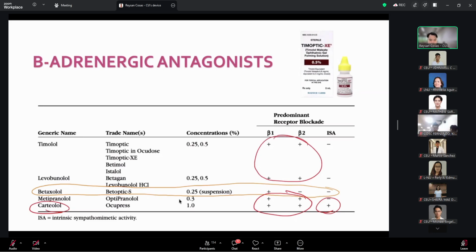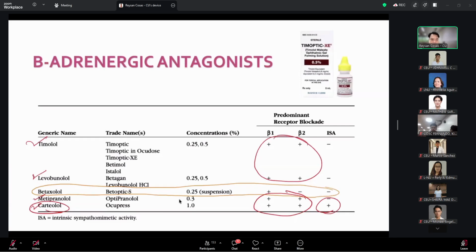Okay? So, sino po ba yung mga non-selective natin? So that includes timolol, levobunolol, metaproterenol, and carteolol. According to studies, the non-selective beta blockers are more superior in terms of lowering the intraocular pressure than the selective beta blockers.